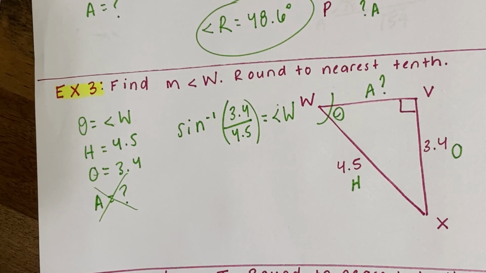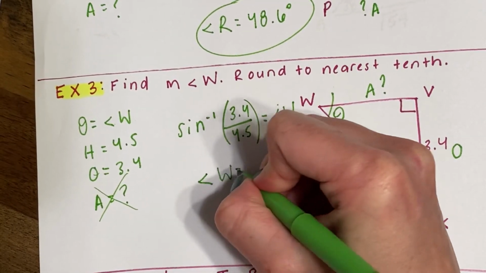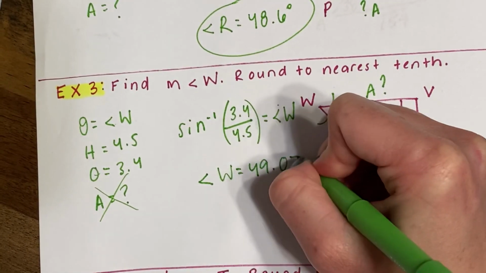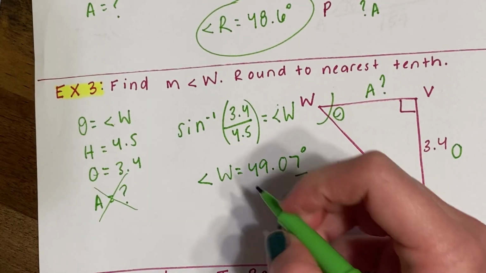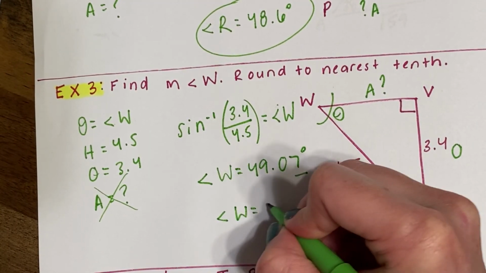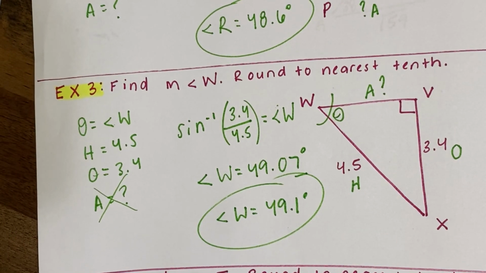Inverse sine of 3.4 divided by 4.5 equals 49.07 degrees. Okay, that 7 is going to round the 0 up to a 1. So the measure of that angle is 49.1 degrees.